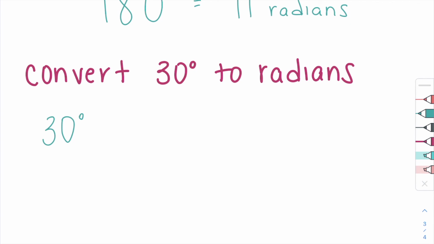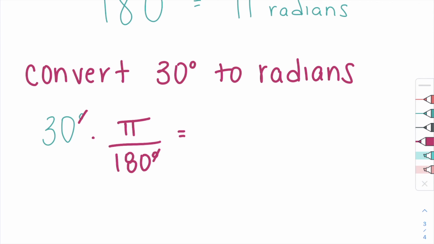And I know that pi and 180 degrees are the same thing, right? We said they're equal. So if I multiply 30 degrees by pi over 180, I'm just multiplying it by 1. But it allows me to cancel those degree units and end up just with radians. Because when I have something in the top of my fraction and the bottom, they're going to cancel out.